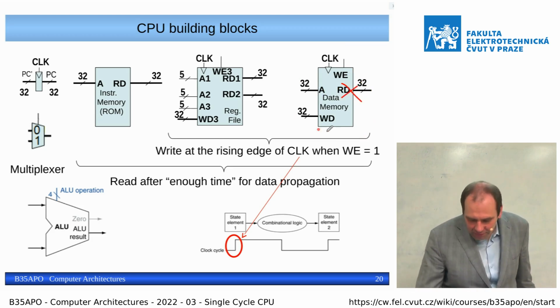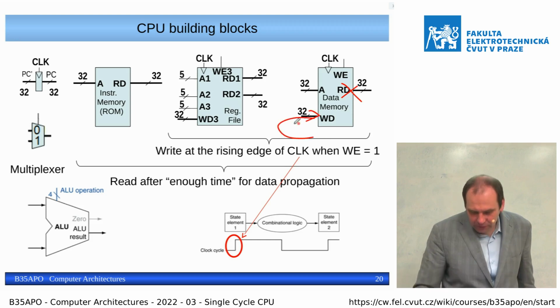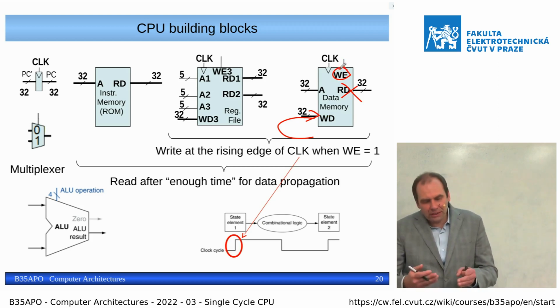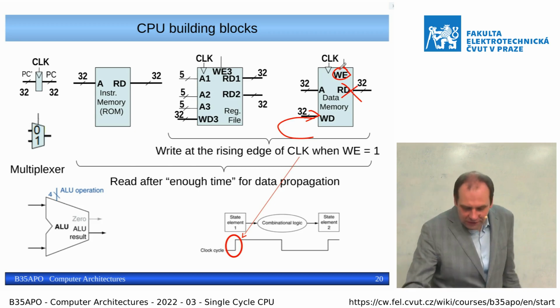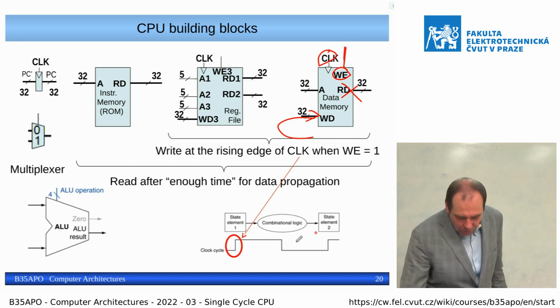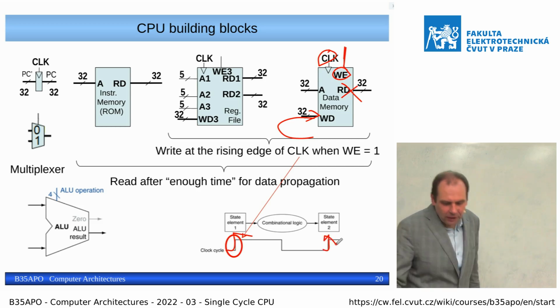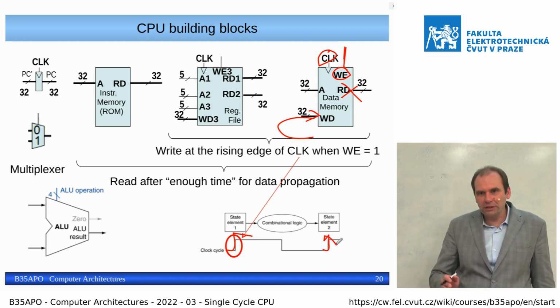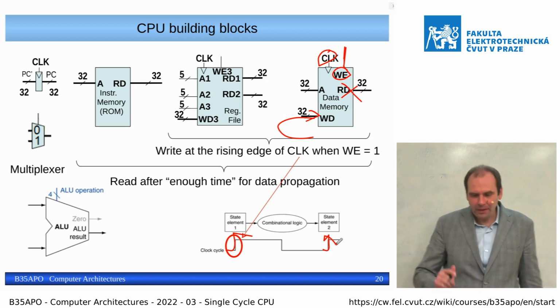We feed the data to the write data port and say this clock cycle has computed the value which should be stored to the memory. So we set up a write enable signal, and at the end of a given period, which is given by the clock cycles, we store the new value to the given location in the memory.